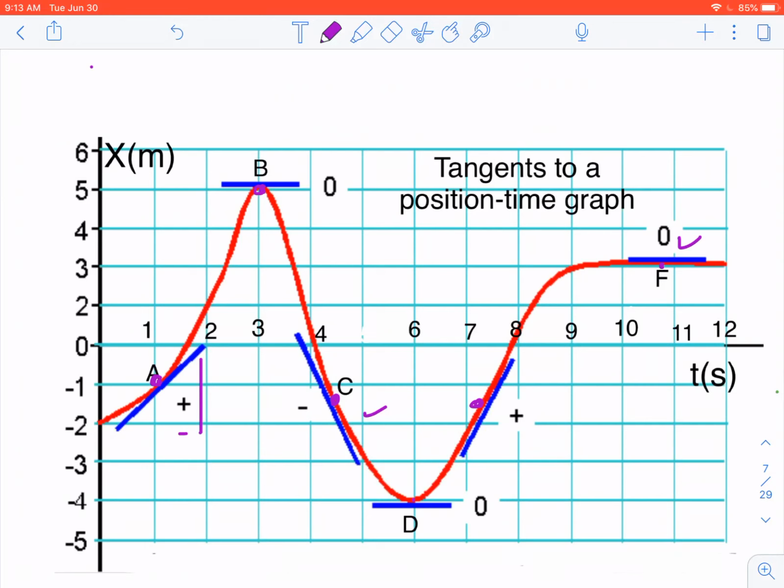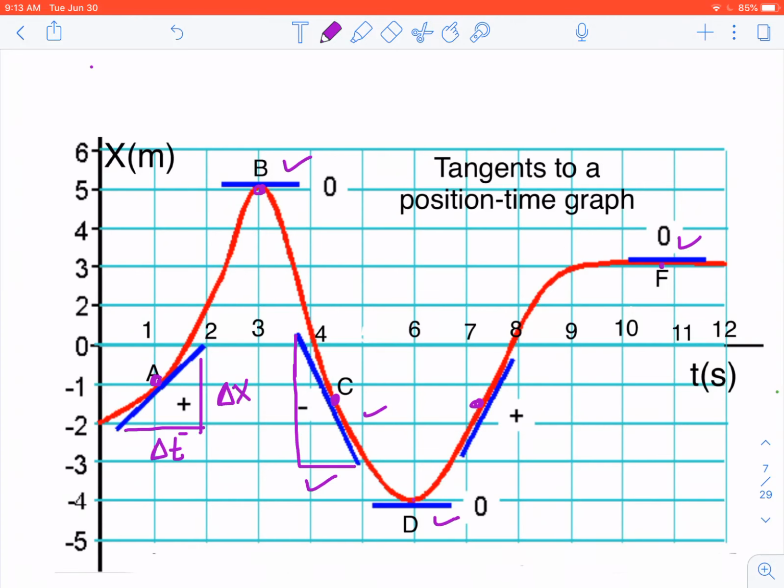Here we have this change in x upon change in t, which gives us a positive slope. Here the slope is 0 at B. Here we have a negative slope. So you need to be able to see from a graph whether the slope is positive or negative.